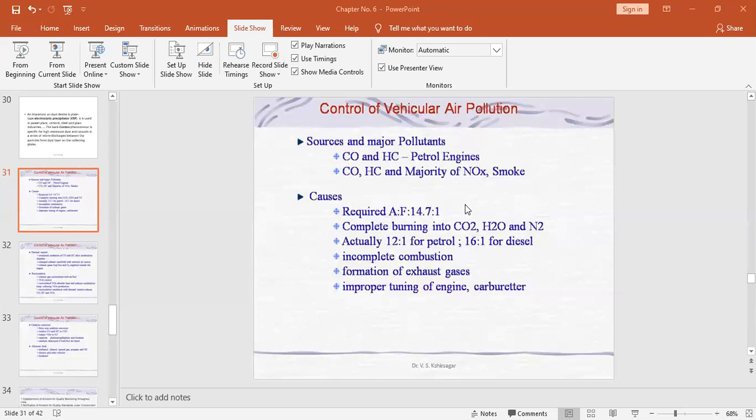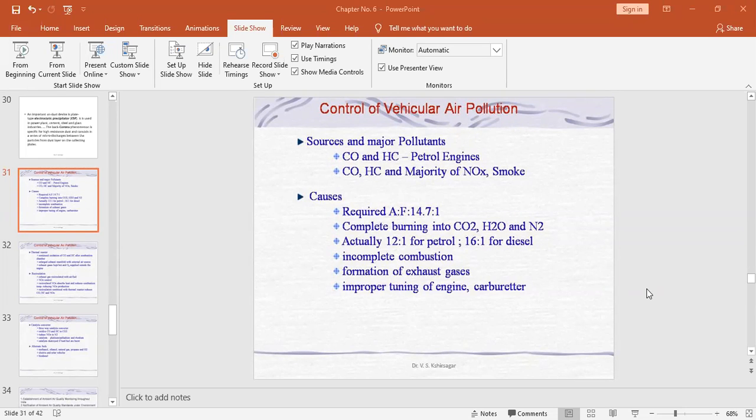Control of vehicular air pollution. Along with the control of industrial air pollution, the control of gaseous pollutants is also a very important task. Because a huge amount of air pollutants are emitted from the vehicles, the automobiles itself.